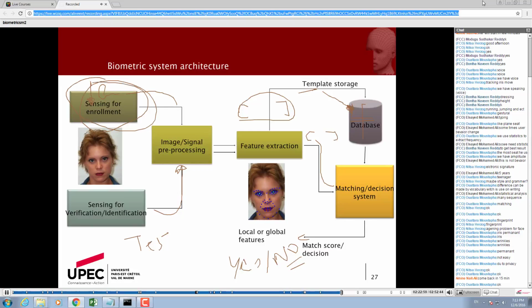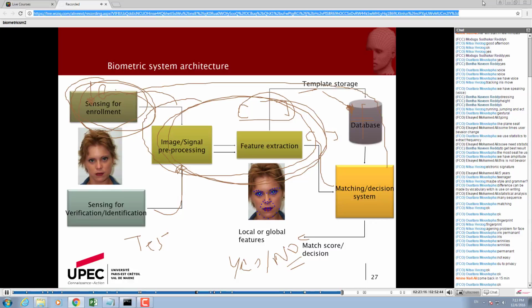So remember last time what I said? I said when you deal with biometric applications, you can be much more involved in electronics. Sometimes you can be involved in image processing and signal processing, or maybe you can be involved in computer science. So people involved in electronics deal basically with this part. People involved in signal and image processing deal with this part.